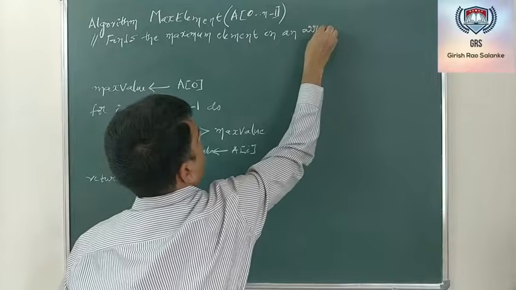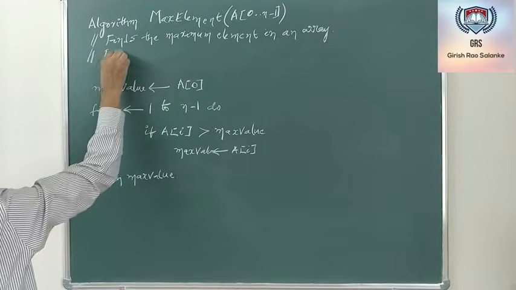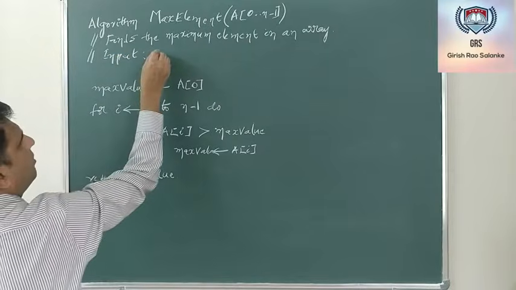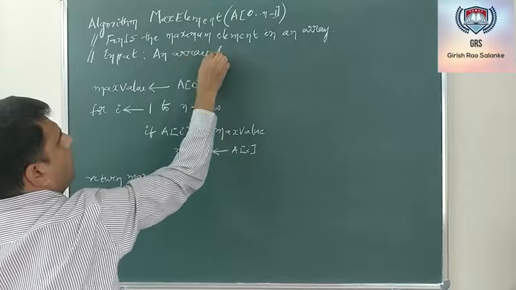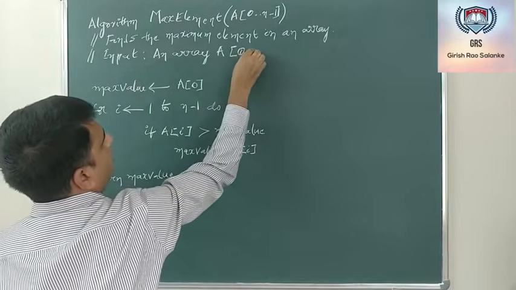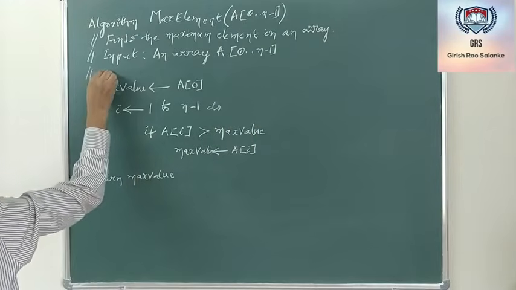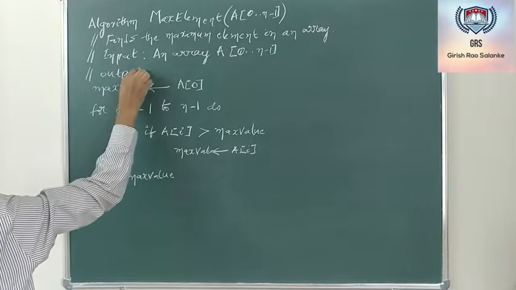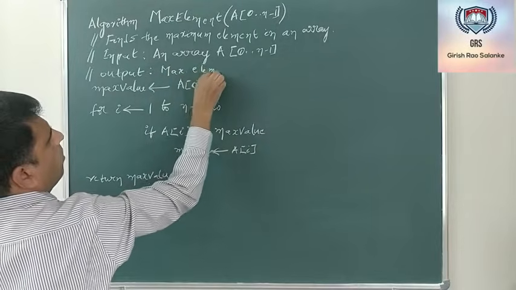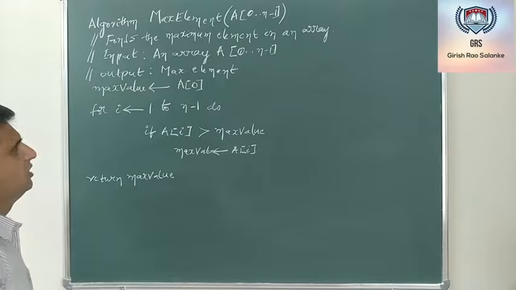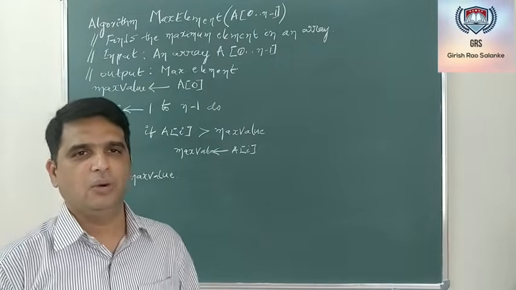The input for this particular algorithm is an array A of size n elements. The output is the max element. So this is my algorithm, and you can clearly see that this algorithm is a non-recursive algorithm.